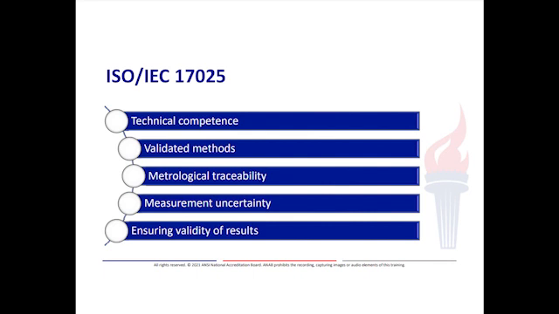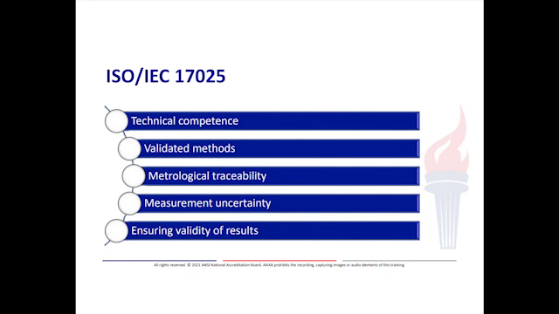Now, as we go through this, as we look at ISO 17025, we're dealing with the areas of technical competency, meaning we have to have personnel that have been trained properly to perform these tests, perform these dimensional calibrations, etc. We have to show that the methods that are being used have been validated.